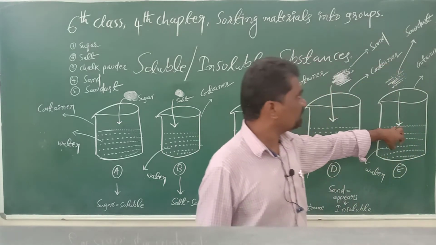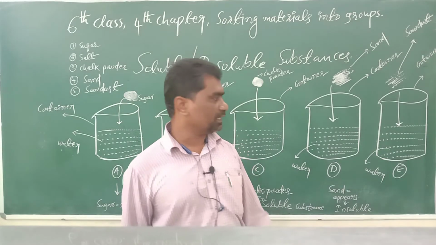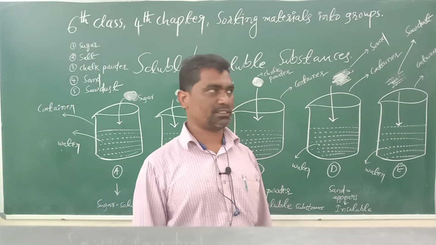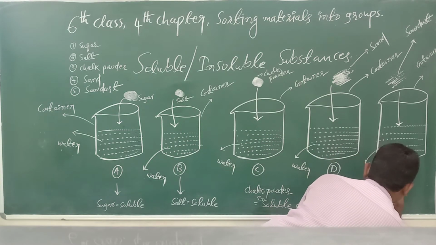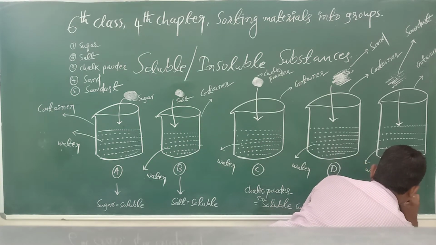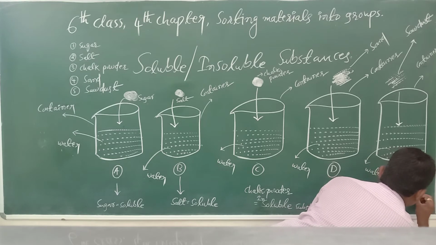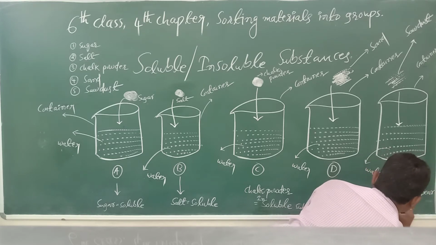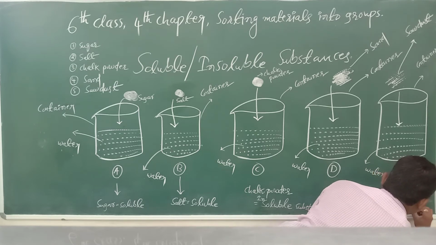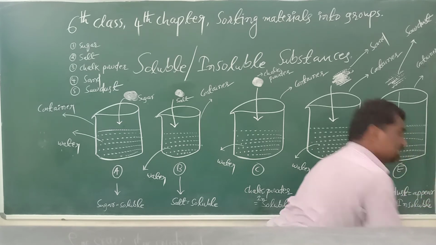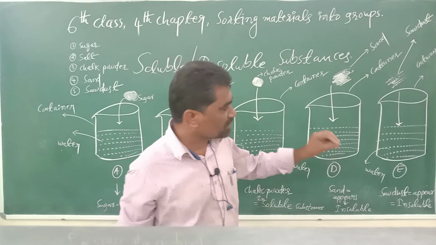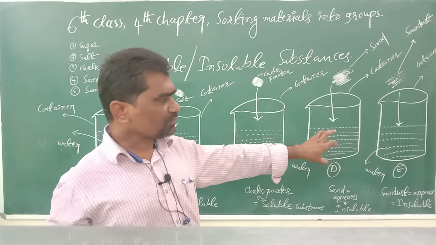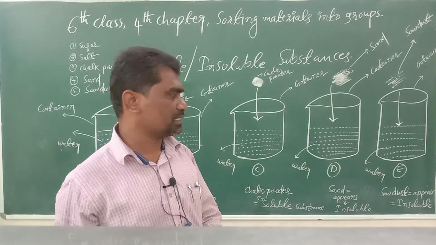Sawdust doesn't dissolve inside the water, so it settles at the bottom of the container. It is visible. So that's why sawdust is called insoluble. It doesn't disappear inside the water. It is visible from outside.